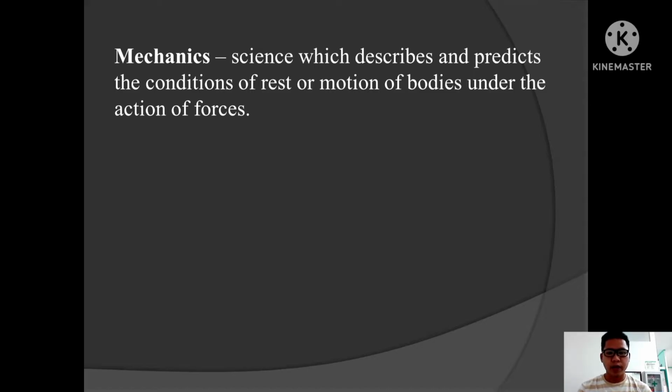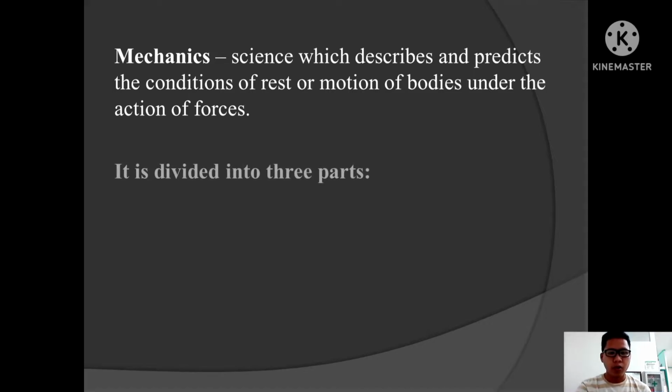For example, the distance it takes for a car going 30 meters per hour to stop. It is very understandable that mechanics is the condition of rest or motion, where the car stops, or the distance it takes for the car to stop. So that's mechanics.